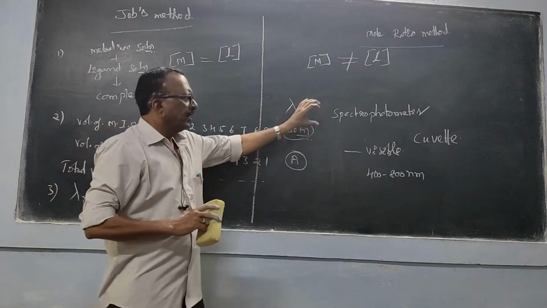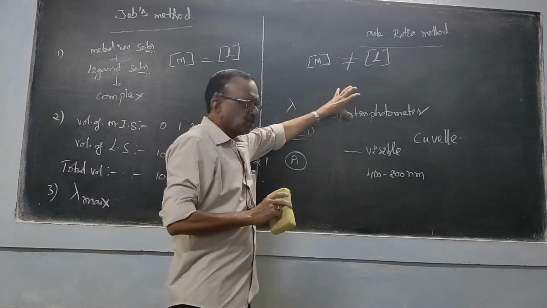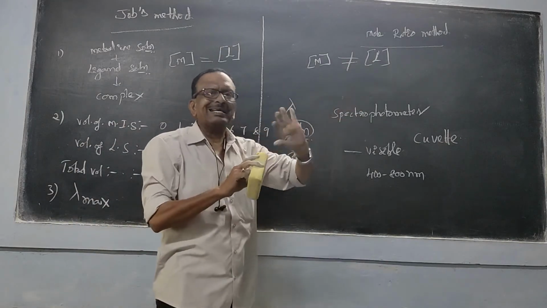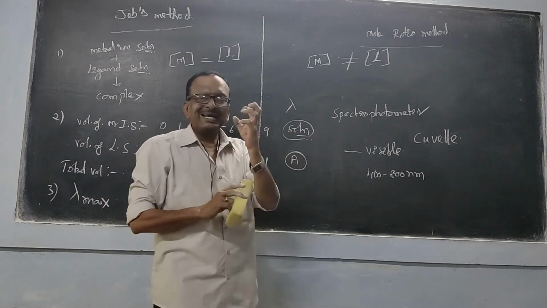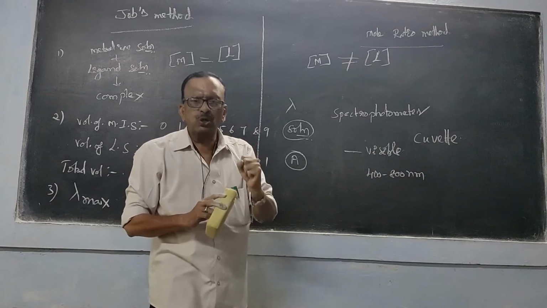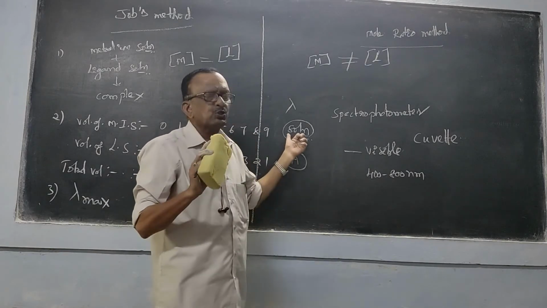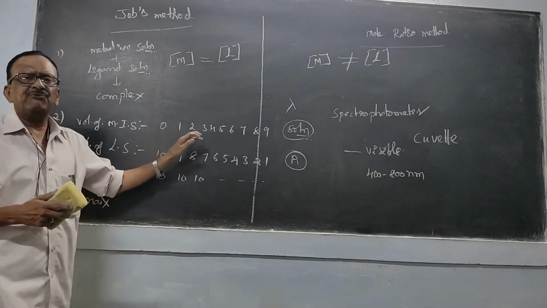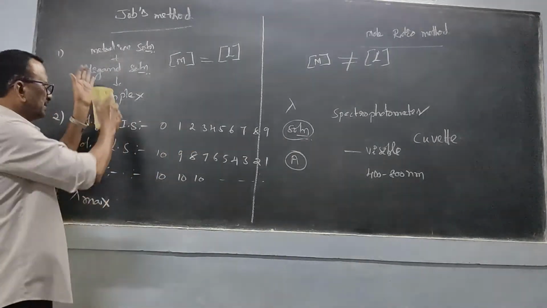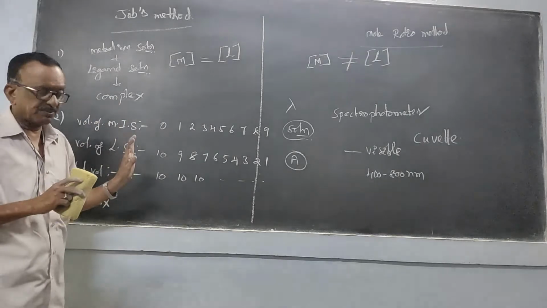By using this spectrophotometer, we are determining how much light energy is being absorbed by a complex solution. Now we have prepared 10 different solutions of the same metal and organic complex.